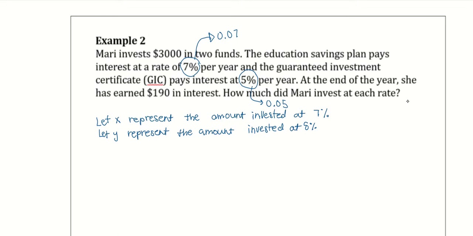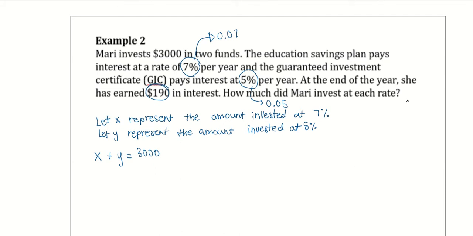Okay, we know that she invested a total of $3,000 into the 2 funds. We just don't know how much in each. So we can say the amount that's invested at 7% plus the amount that's invested at 5% is going to be $3,000 in total. It does tell us that she makes $190 in interest.